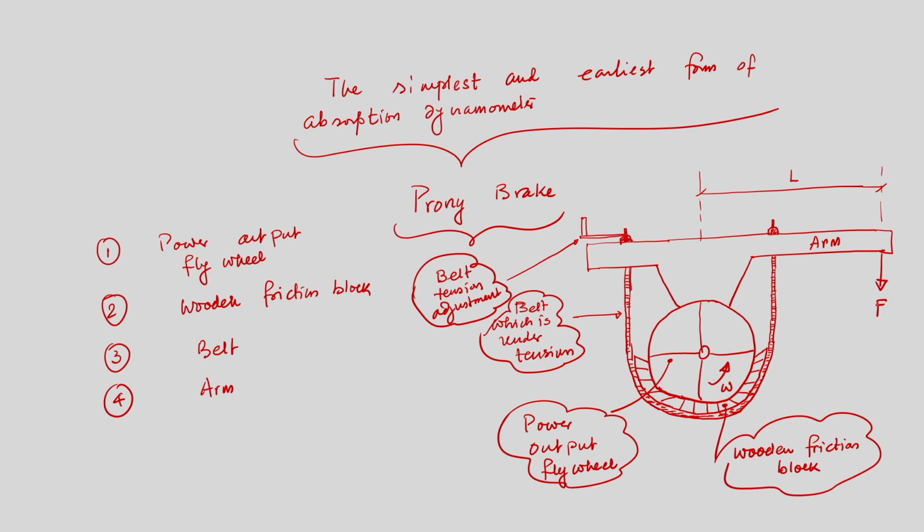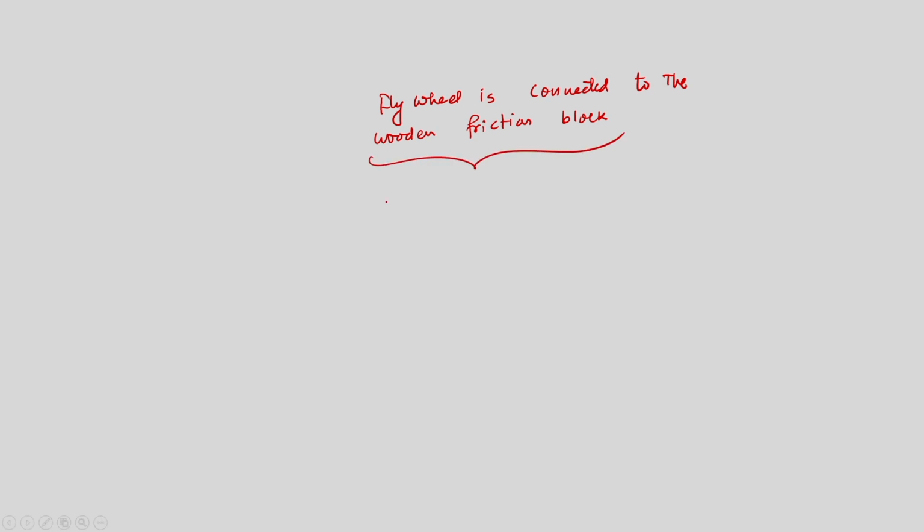So, in this Prony brake, the flywheel is connected to the wooden friction block, and this is typically made of wood.